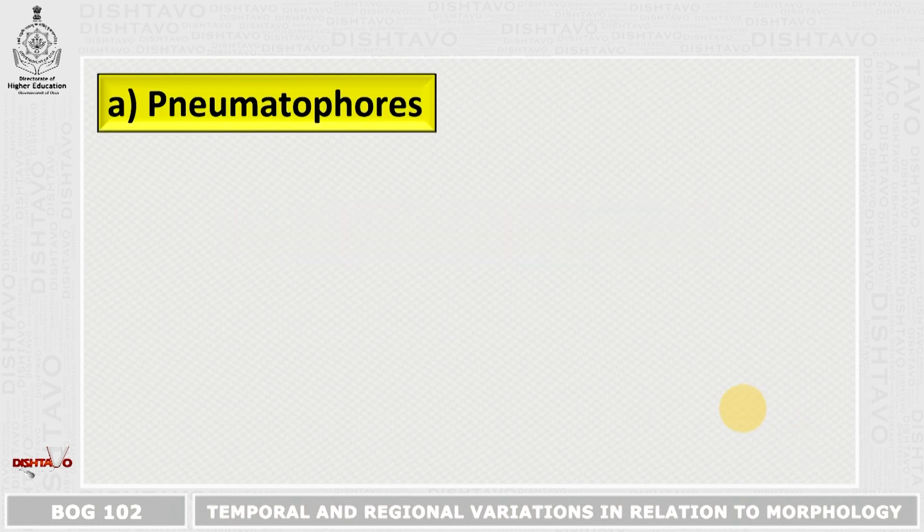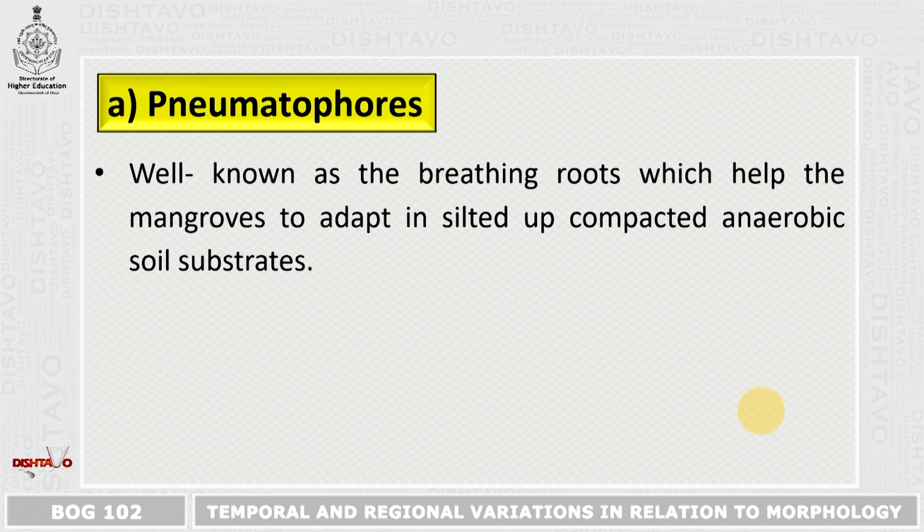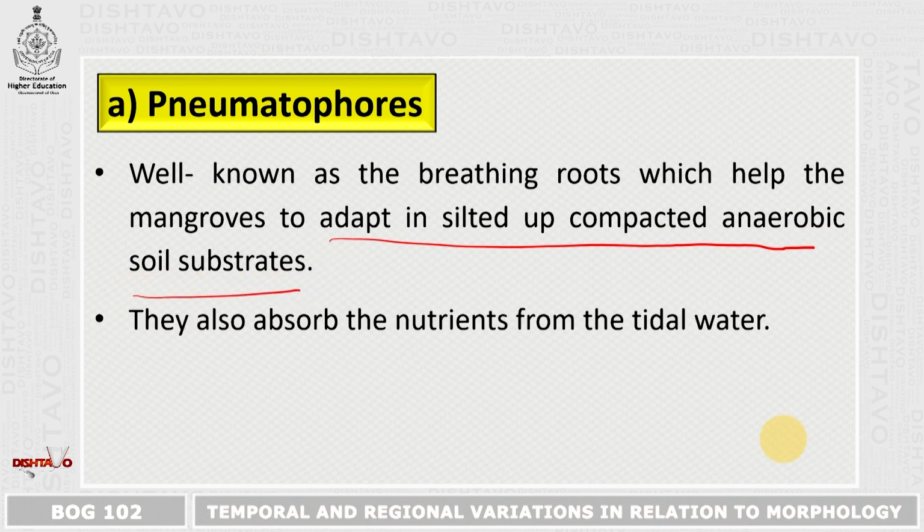First one, pneumatophores. They are well known as the breathing roots, which help the mangroves to adapt in silt-up compacted anaerobic soil substrates. They also absorb nutrients from the tidal water.